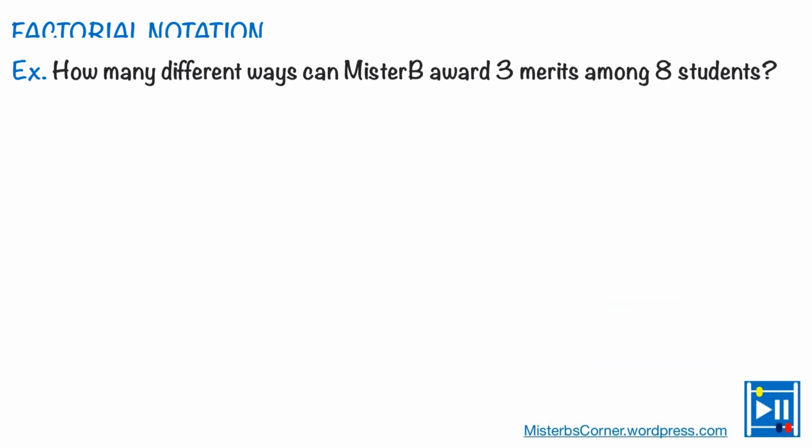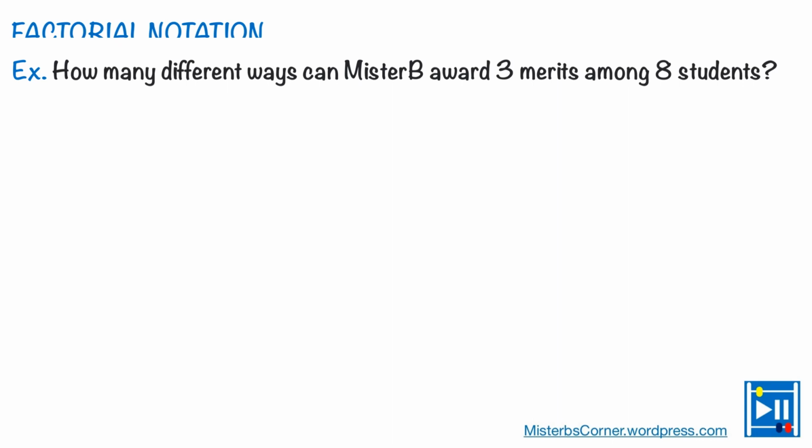Whereas the same calculation will not apply to this problem, which says: how many different ways can Mr. B award 3 merits among 8 students? Just because the merits are equal, it's not like first prize, second prize, third prize, so the order is not important anymore.